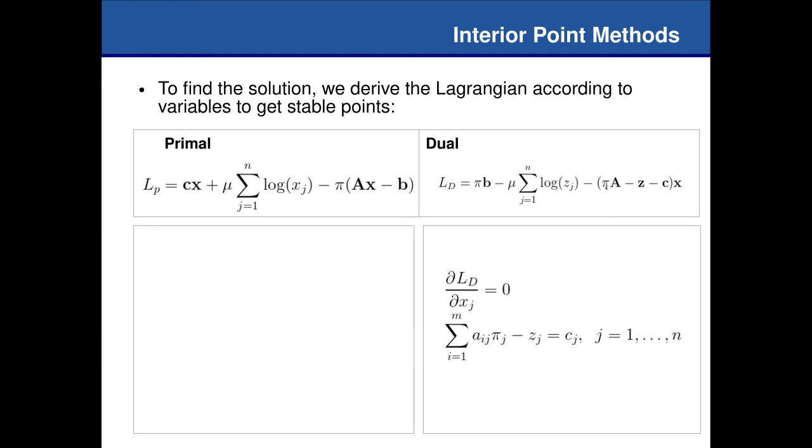Of course, I have pi A x, but differentiating in terms of xj, it's going to be pi A, and of course, in terms of that particular xj. And that particular xj is going to interfere in my differentiation in this way. I will have the sum of a_ij pi_j.